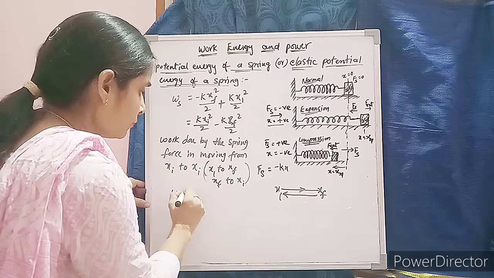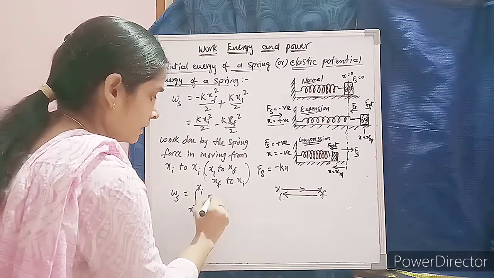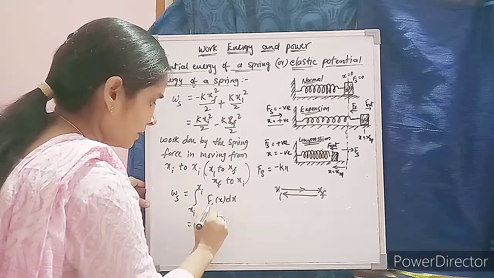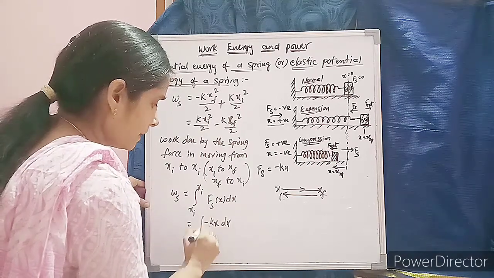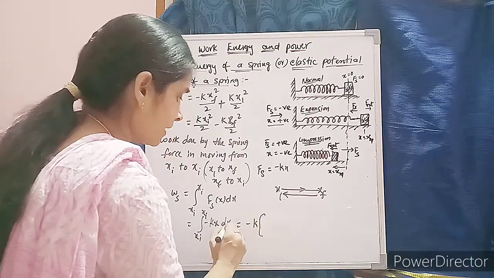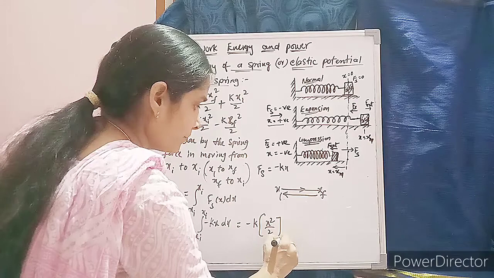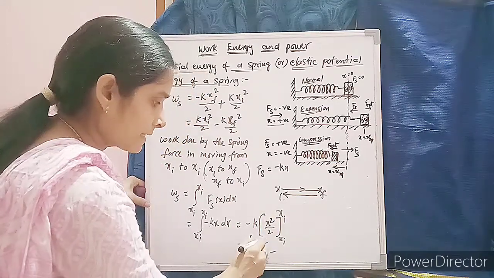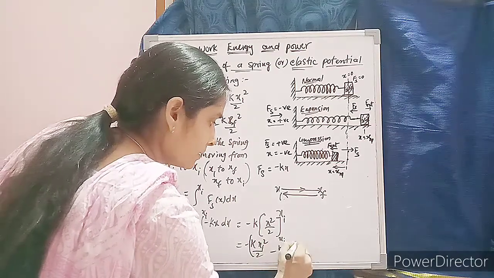Work done by the spring force is the integration from xi to xi of Fs of x into dx. Now Fs of x is minus kx into dx, integrated from xi to xi. Minus k, the integration of x dx is x square by 2, from xi to xi. Now minus k xi square by 2 minus k xi square by 2.